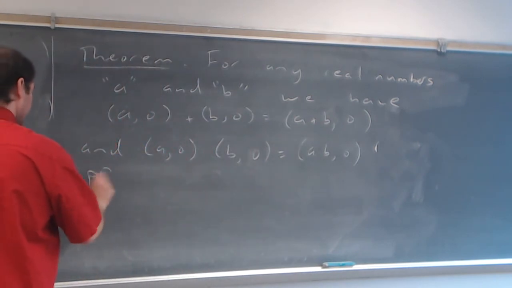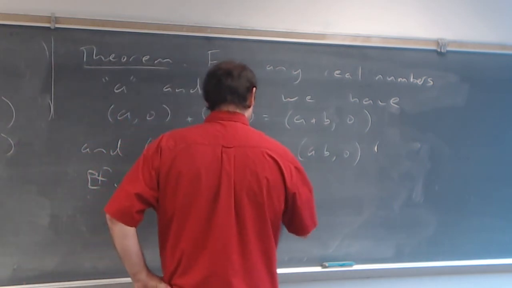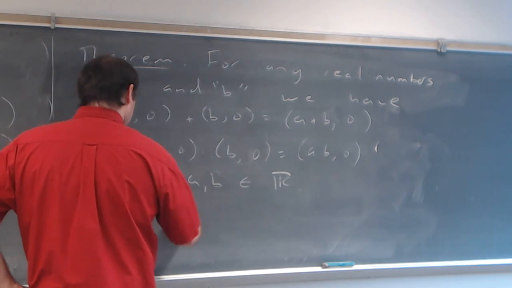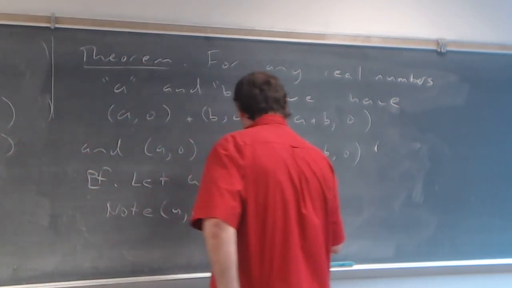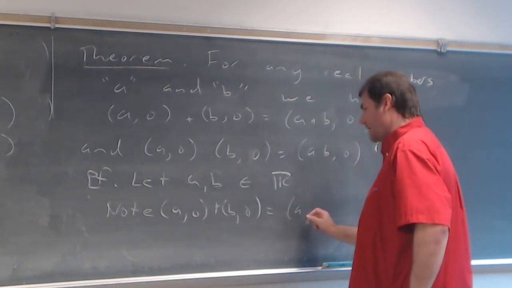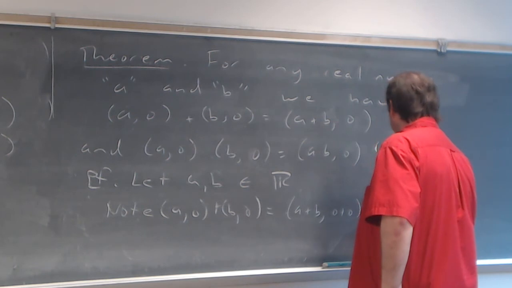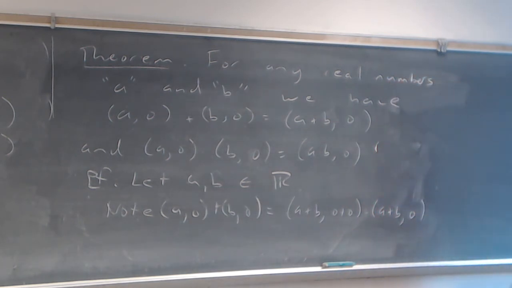So let's look at the proof. Let A and B be elements of R. Note that (A, 0) plus (B, 0) is equal to, well, it will be (A plus B, 0 plus 0), which is equal to (A plus B, 0), because 0 plus 0 is 0.